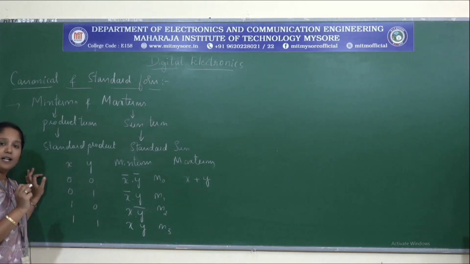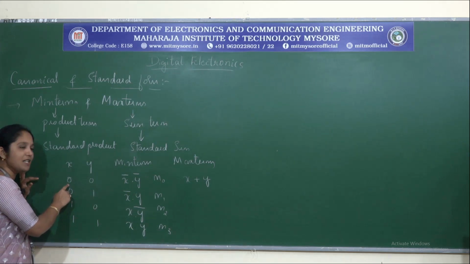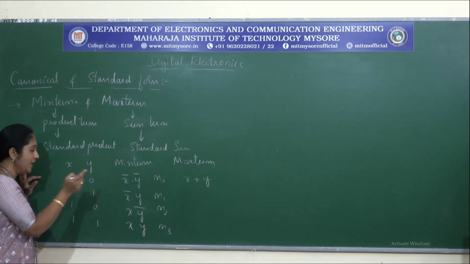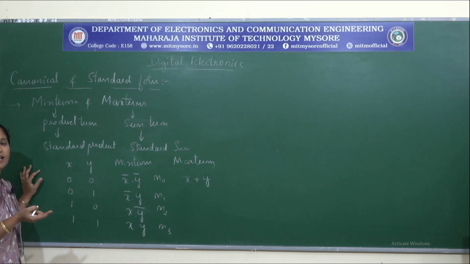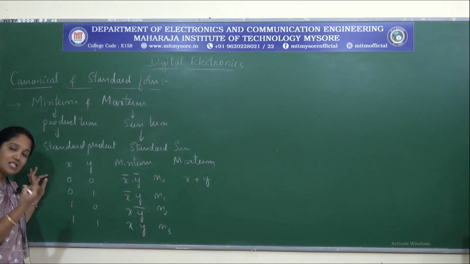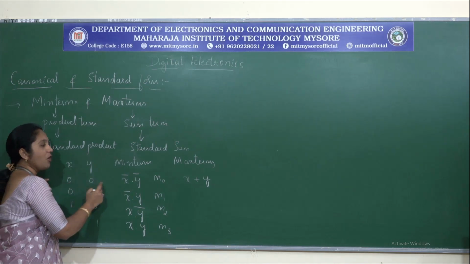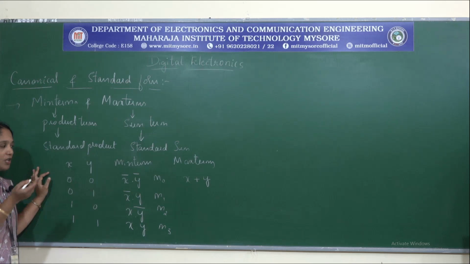So if the value of the symbol is 0, it will be represented in the original form. If the value of the symbol is 1, it will be represented in its complement form. Therefore here I have 0, 0, but since it is written for logic 0 output, we write it as x plus y.